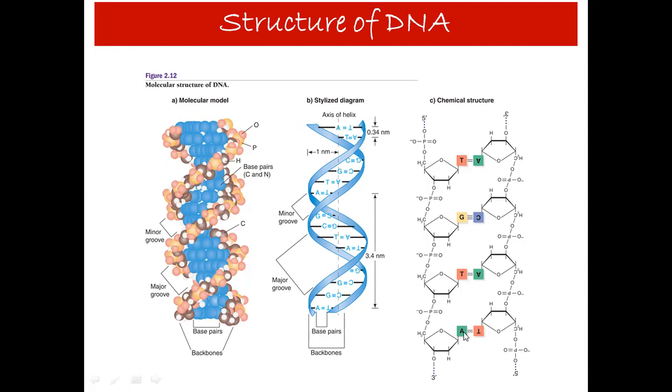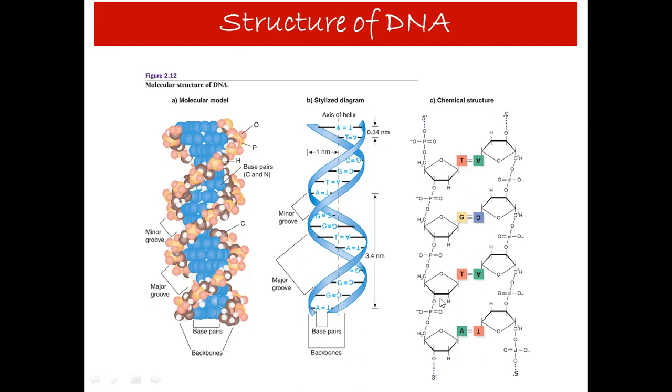Now, the bases of one polynucleotide chain are forming hydrogen bonds with the complementary bases of the opposite strand or another strand. In this way, DNA is forming the double helix structure, the phenomenal twisted ladder form.